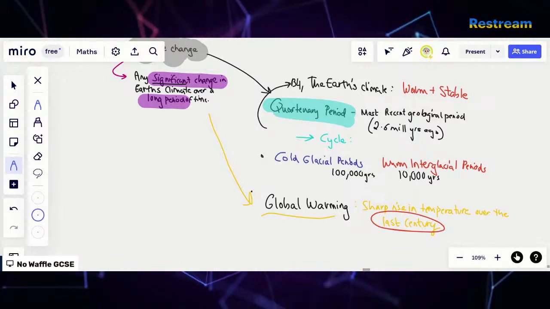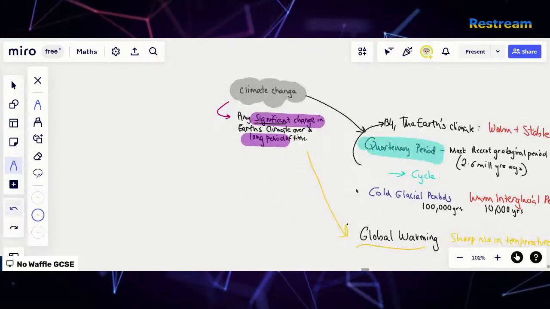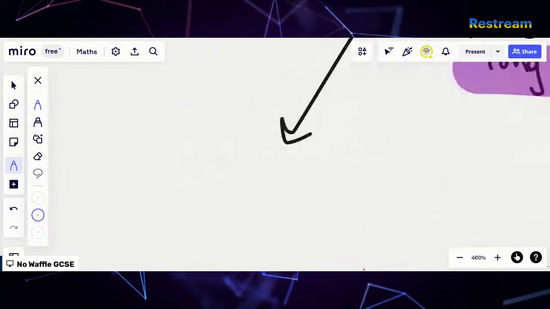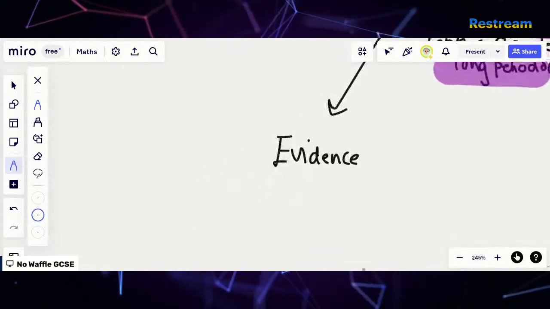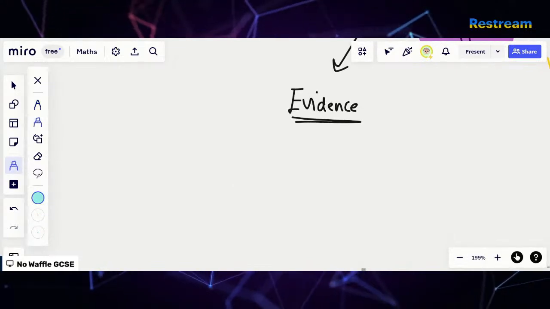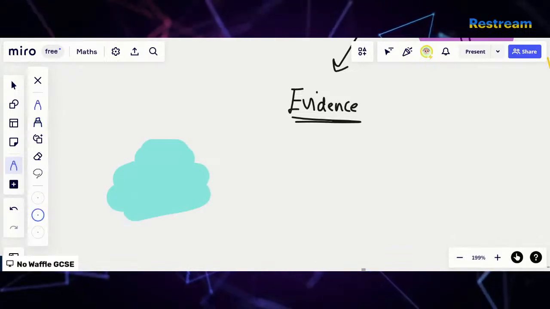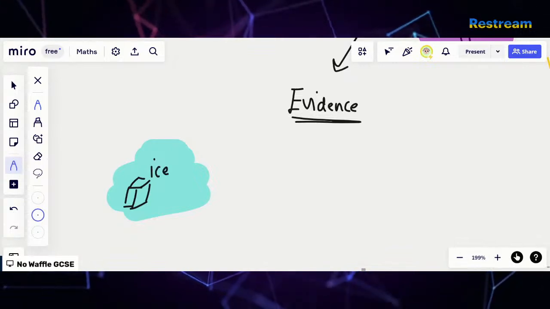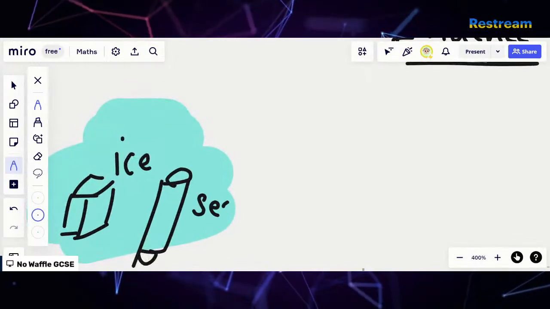Now, there's key evidence for climate change, which suggests that climate change actually exists. So let's look at some of the evidence. What's the proof? Well, evidence for climate change, things like ice and sediment cores.